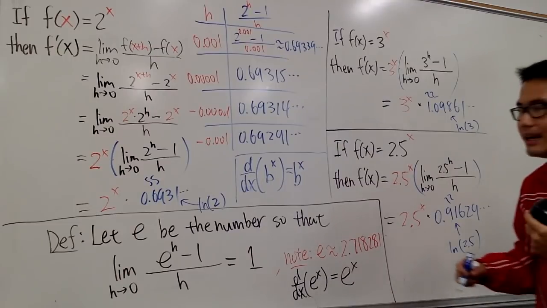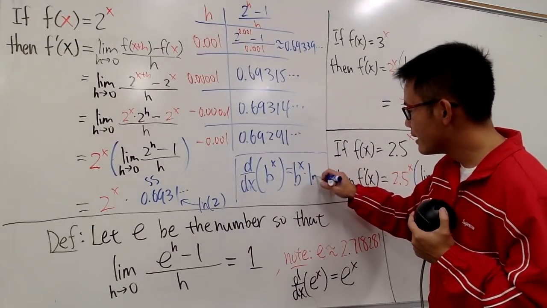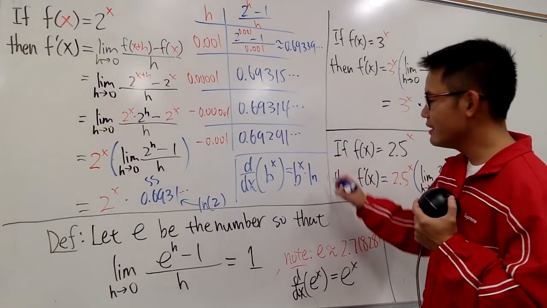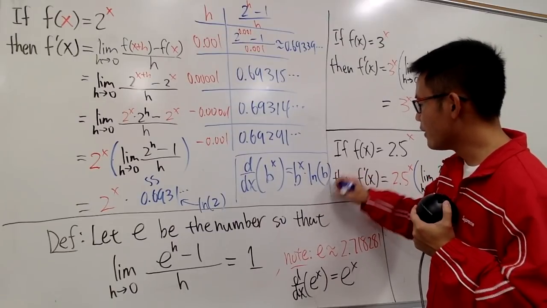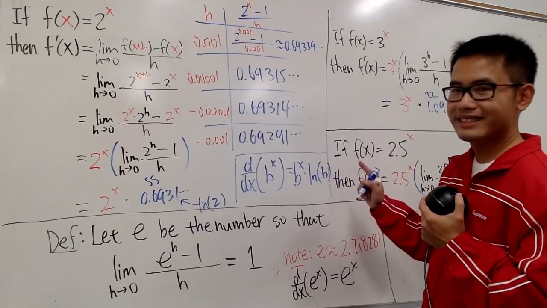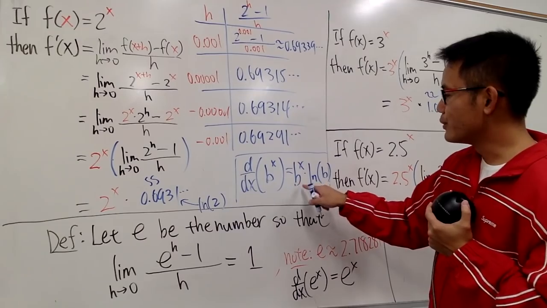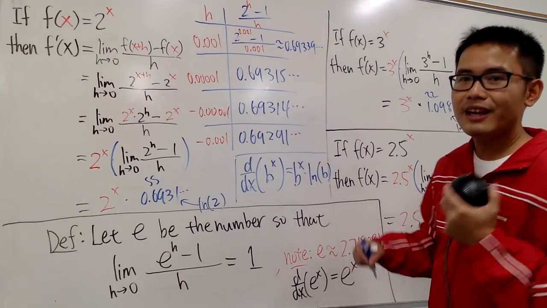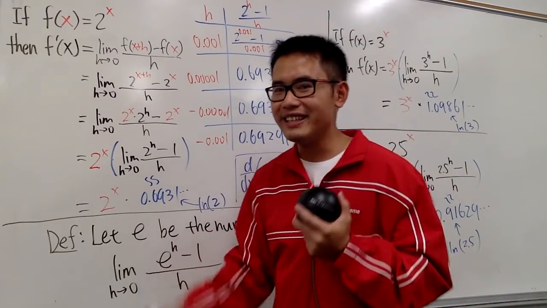But you multiply by this additional number, namely the natural log of whatever the base was. So you have b to the x times ln b. So that's pretty much the idea.